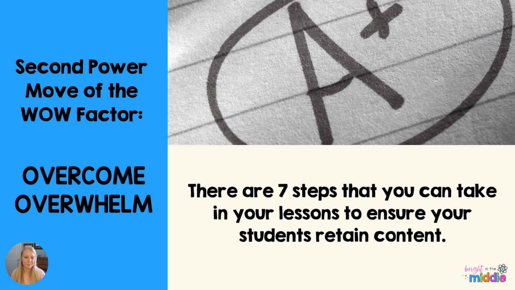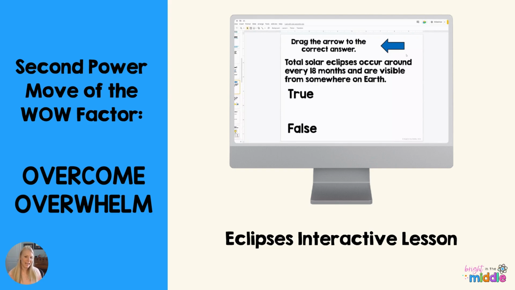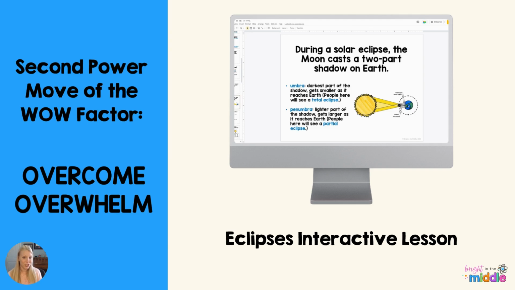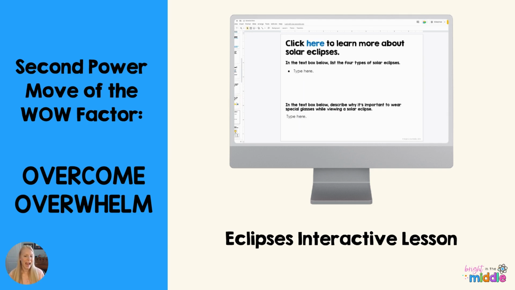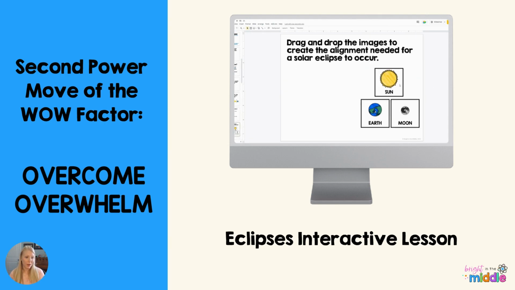This is an example here of the Eclipses interactive lessons that I can show you below. And as you see, as you go through this lesson, there is text, there's content, and then there are activities for students to do after. And as seen there, you can watch a video and answer questions.